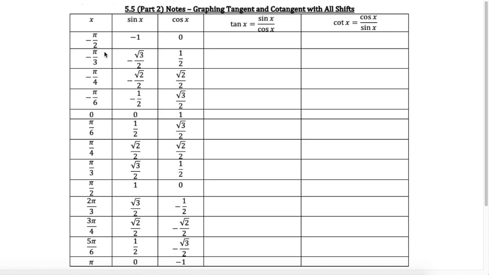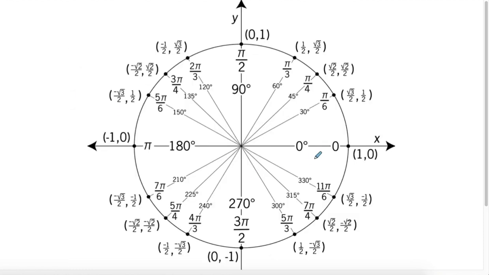So I have a list of angles here around the unit circle and then their corresponding sine and cosine values. Now, I have some negative angles listed here, and it's probably not obvious yet why I would list those. But before we talk about why, remember a negative angle just means I'm going clockwise around the unit circle.